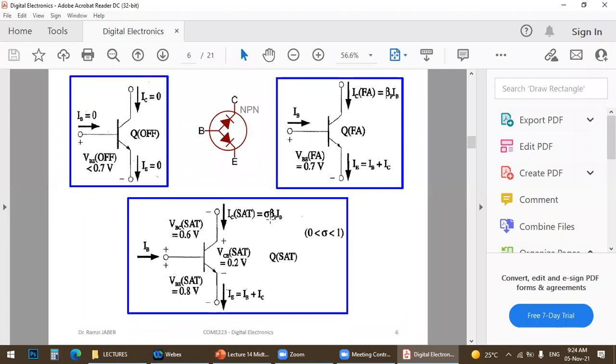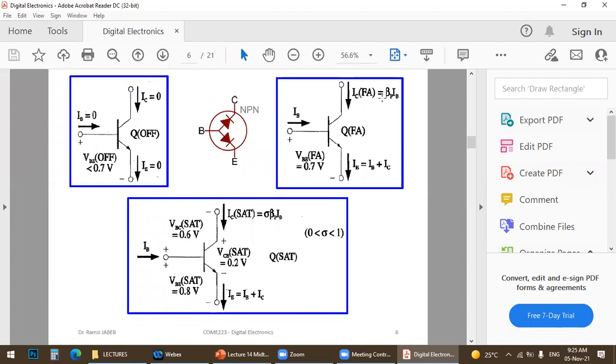Here, the same equation, IC equals beta IB, but here we have less: sigma beta IB, where sigma is between 0 and 1. In linear mode, IC equals beta IB. That's why in linear mode we use this kind of mode for an amplifier.